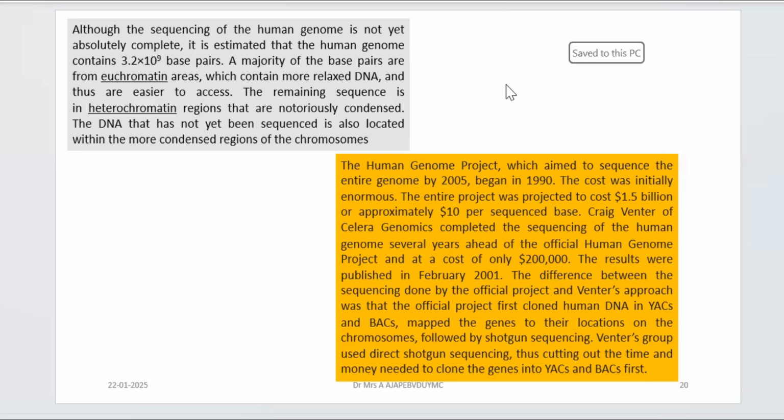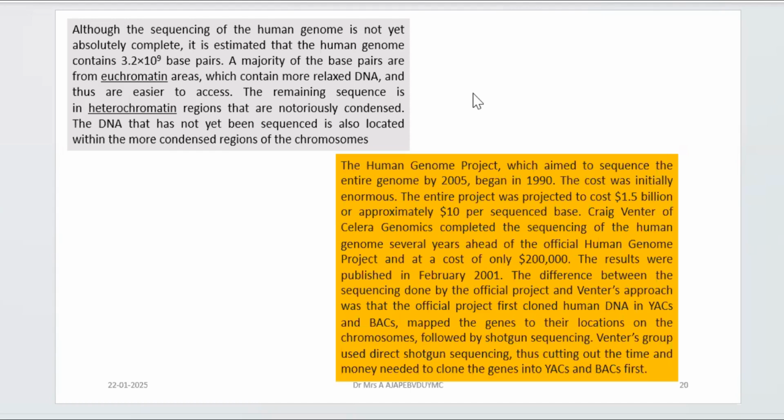So that's why the concern is euchromatin and heterochromatin. The concern is majority of the base pairs are from euchromatin areas when we talk about 3.2 into 10 raised to 9 base pairs. So most of the DNA there in the euchromatin is relaxed and easy to access. But what about the remaining sequences, which are heterochromatin regions? Right? That was my point to talk about.